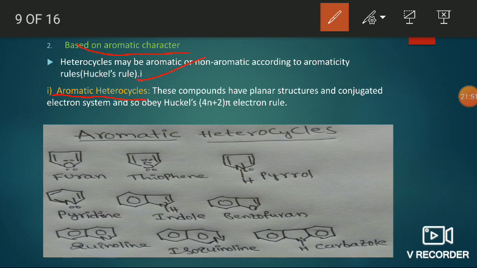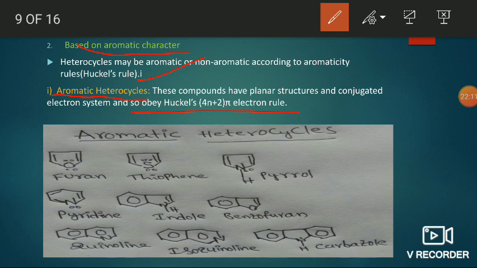If they don't, they are known as non-aromatic compounds. Aromatic compounds have a planar structure, conjugated pi bonds, and obey Huckel's 4n+2 pi electron rule.